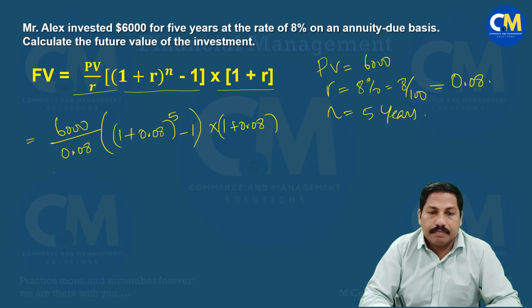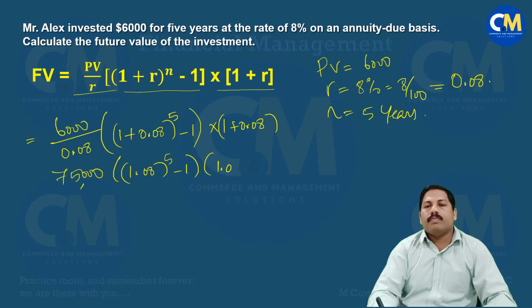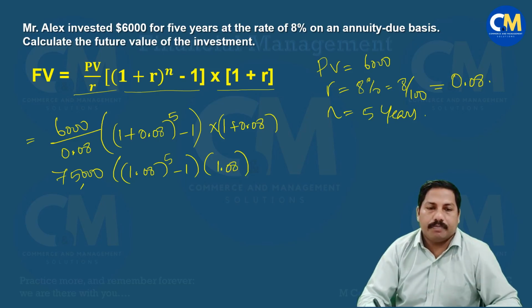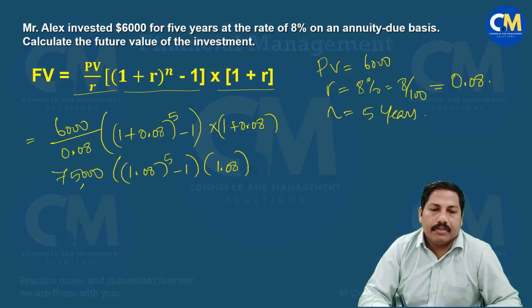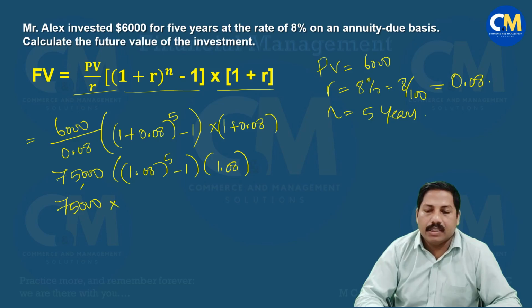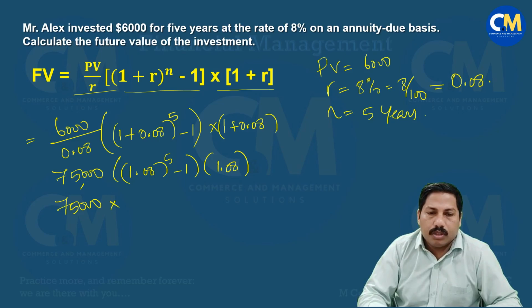Then you will be getting here 75,000 into 1.08 raise 5 minus 1 into 1.08. Then it is 75,000 into 1.08 raise 5 is equal to 1.469 minus 1 into 1.08.